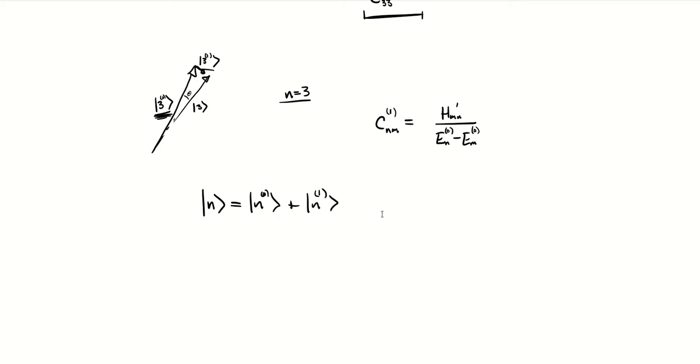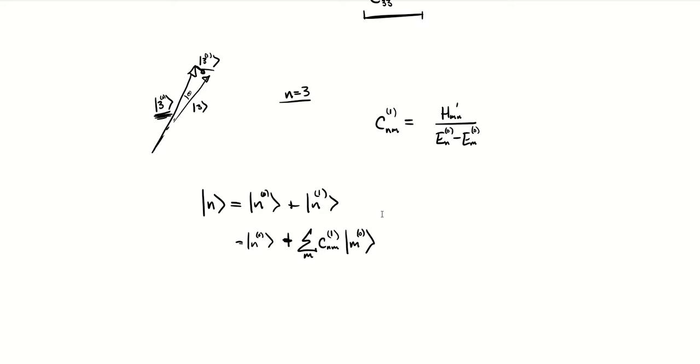And this first order correction, again, can be written as a linear expansion in terms of those unperturbed eigenstates.